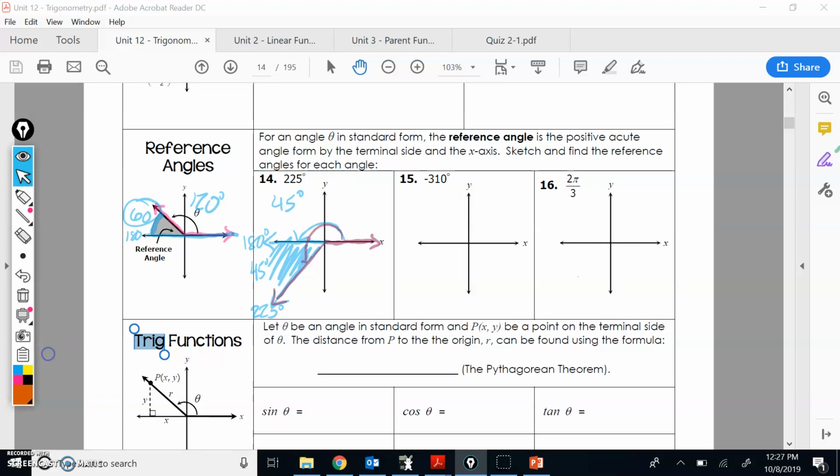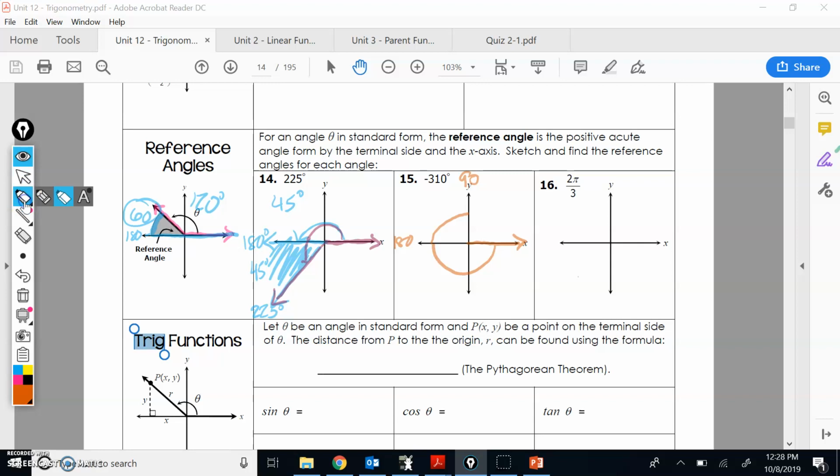Let's do one more example for this video. Here is negative 310. We're going to start here and go in the opposite direction, 310. So that's 180. How much more do we need? If you keep going another quadrant, that's another 90. So right now, at this point, we're at negative 270.